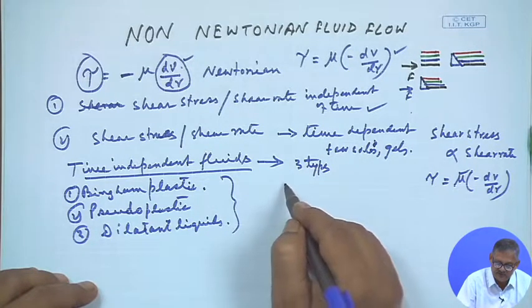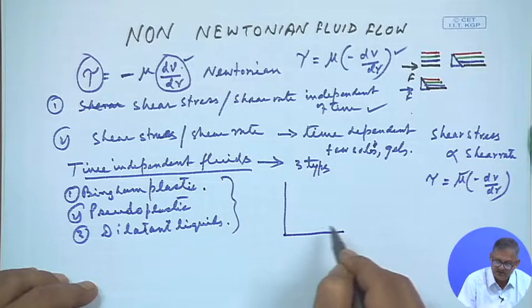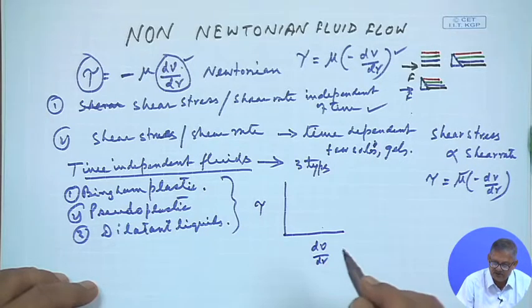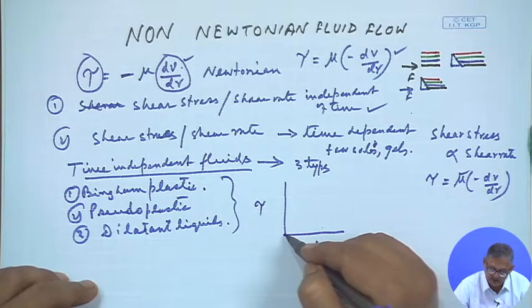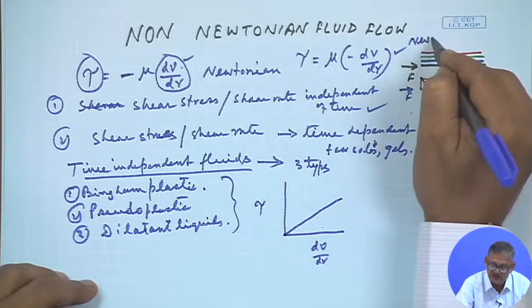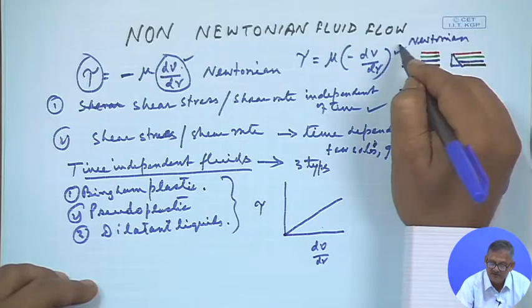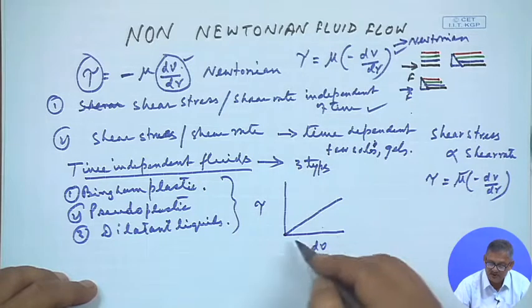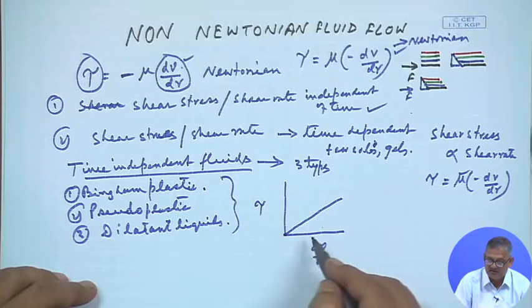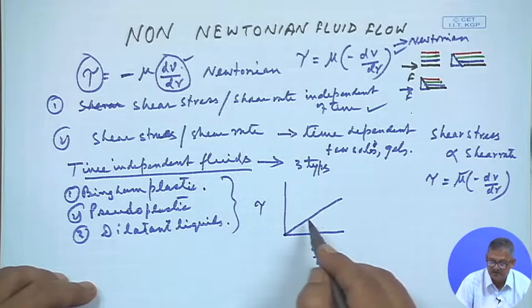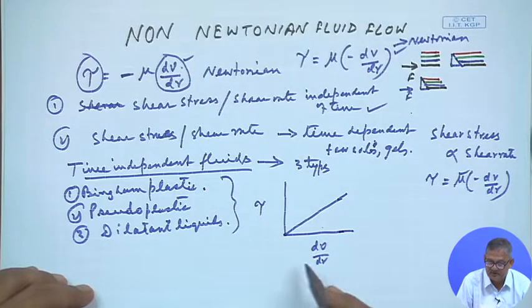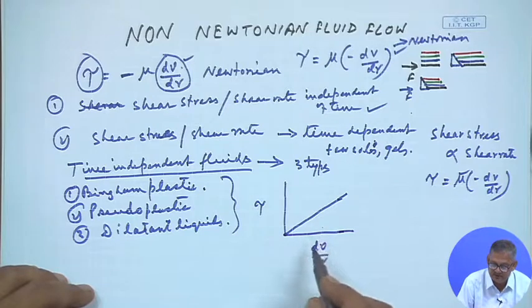Unlike Newtonian fluid, if we plot shear stress versus shear rate, tau versus dV dr, then for the Newtonian fluid it follows almost a 45-degree line, starting from 0.